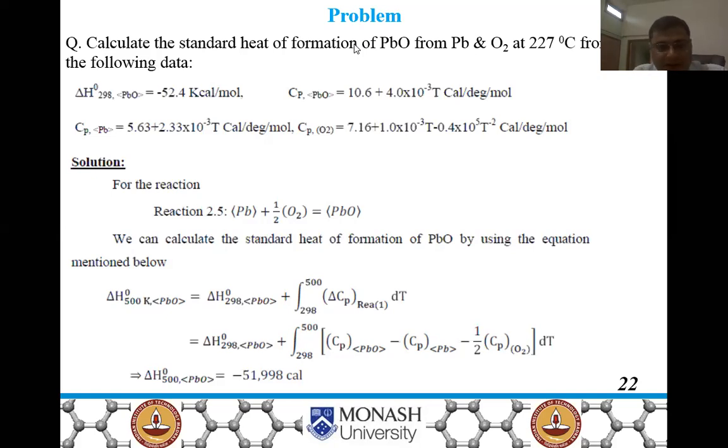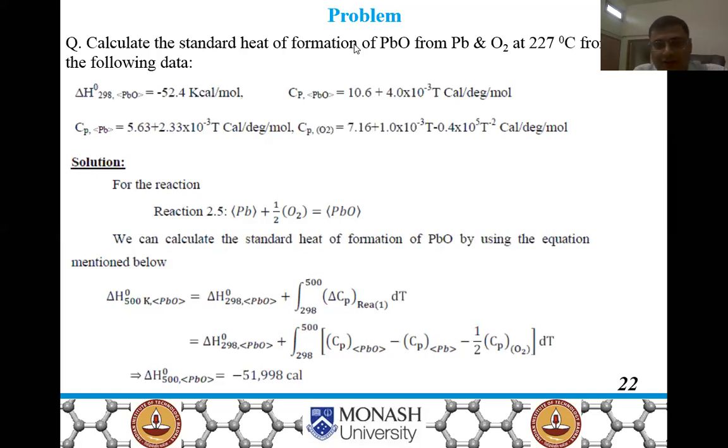So delta H at 500 Kelvin for PbO will be equal to delta H 298 plus the integration from 298 to 500 of delta Cp reaction into dT, as we have discussed in the previous slide. Now this delta Cp reaction will be equal to Cp products minus Cp reactants, so Cp PbO minus Cp Pb minus half of Cp O2, into dT.